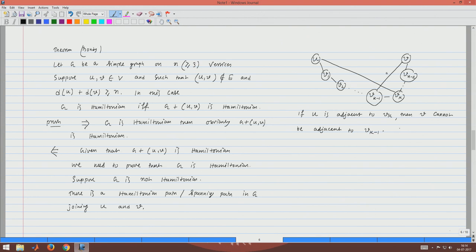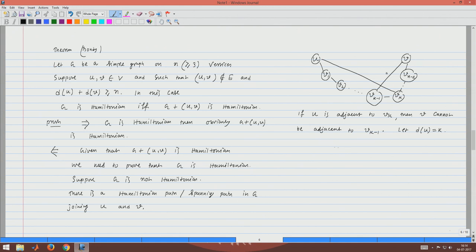We sort of agree with this one, because otherwise there will be a Hamiltonian cycle here. Assuming that this is correct, let the degree of u be equal to k. We do not know what is the value of k.